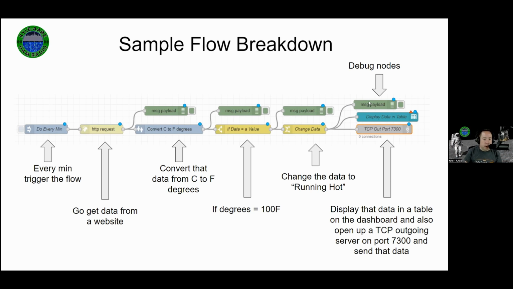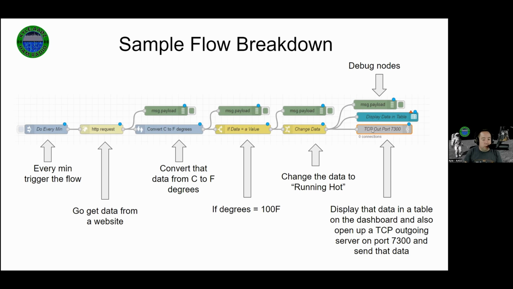But here we've got three nodes that are connected. We've got a debug node, and you can see there's other debug nodes on these other nodes here. We've got a table dashboard node that is going to display some data in the dashboard. So it's going to display the word running hot in the dashboard in a table.